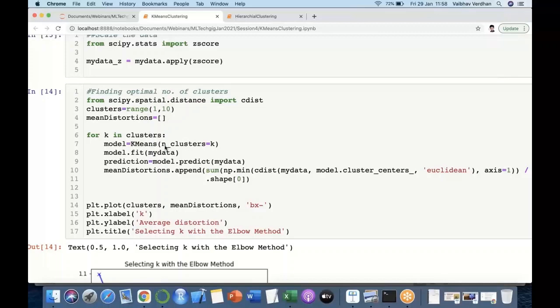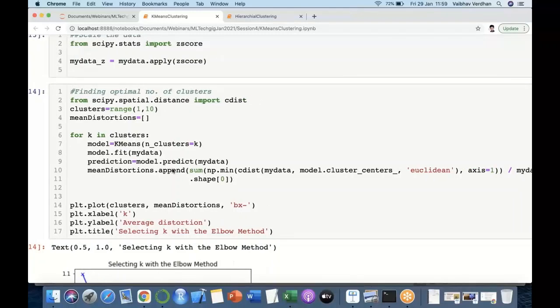So KMeans is the model which we have invoked. Fit the dataset which we have created earlier, and then after fitting, simply predict for each observation the cluster it has. And then we are talking about the distortion in the dataset.